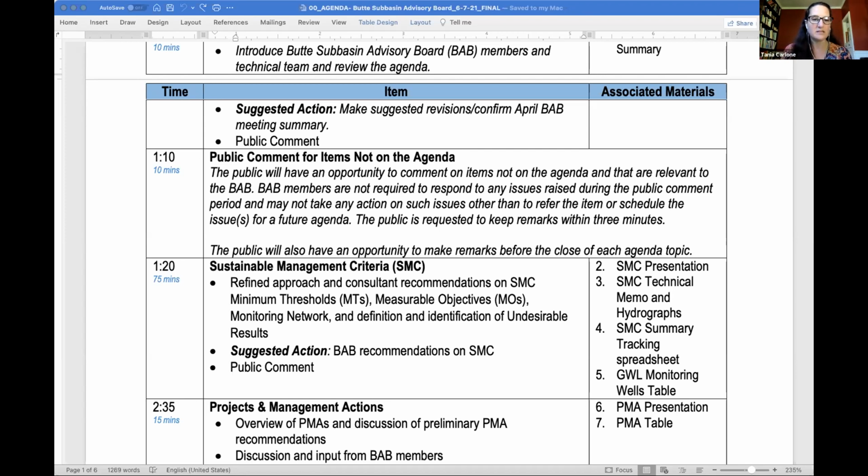And we provided some supporting materials for you, the PMA table, there for your reference as well.